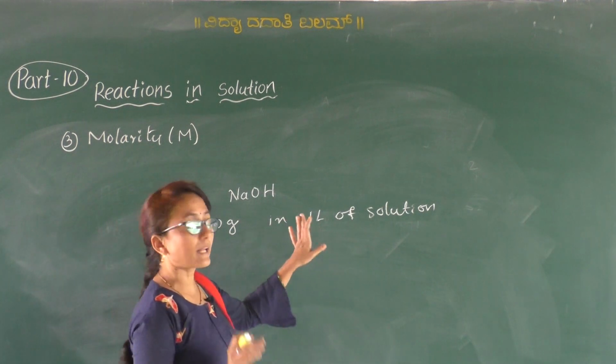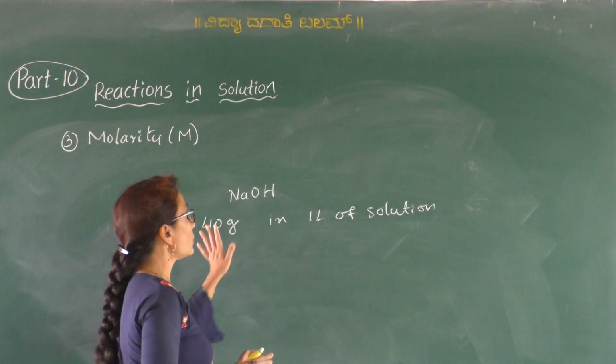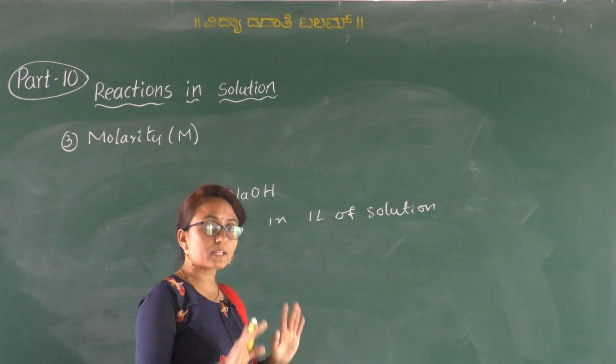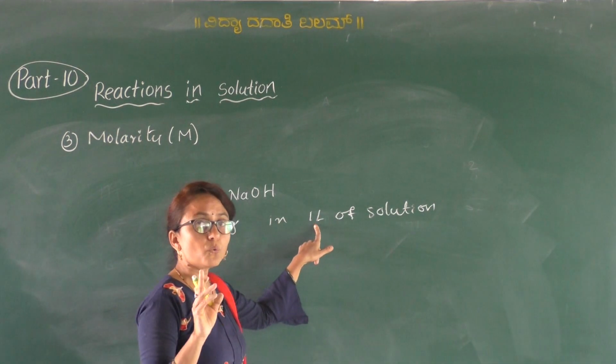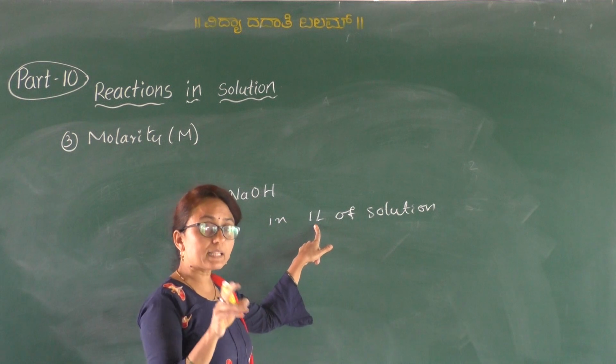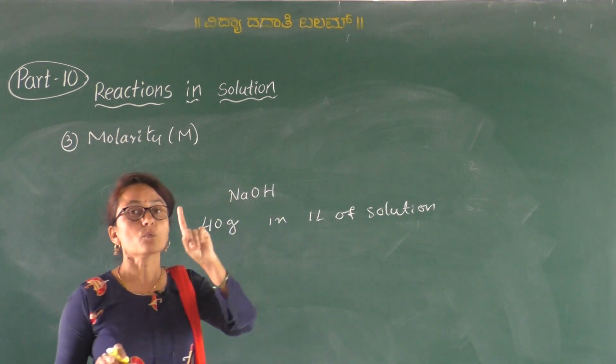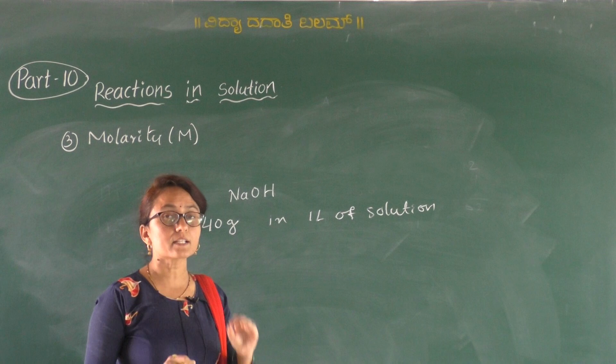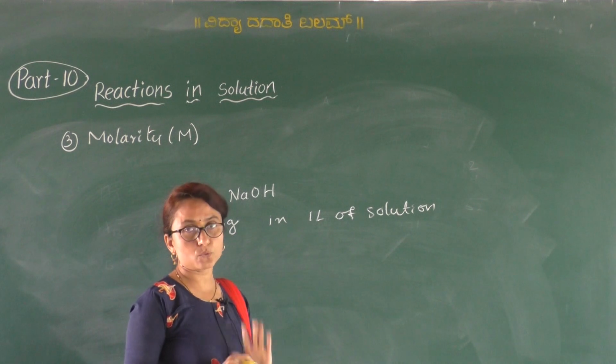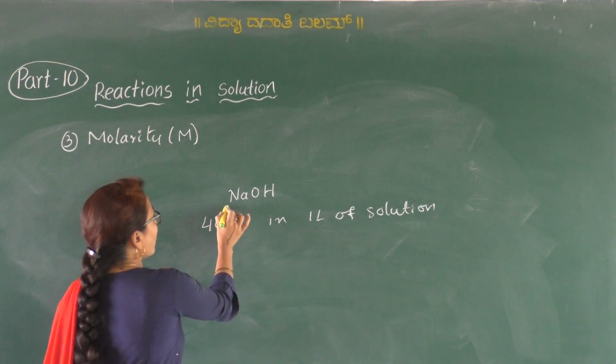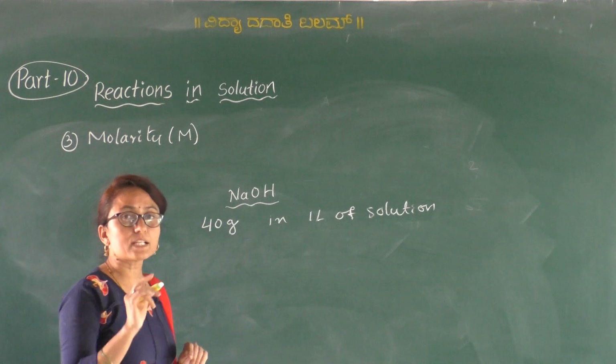So, we do not take 1 liter of water. Solute plus solvent, when both are combined, must be equal to 1 liter, and that 1 liter of solution must contain 1 mole of solute, then it is called a 1 molar solution. We know that the molar mass of sodium hydroxide is 40.